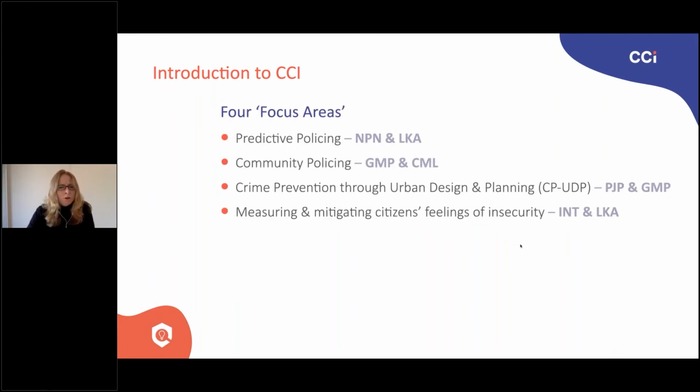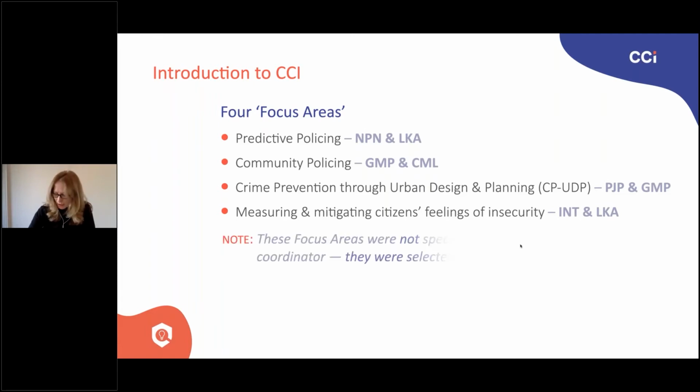We have 4 focus areas: predictive policing, community policing, crime prevention through urban design and planning, measuring and mitigating citizens' feelings of insecurity. And each of those focus areas are addressed by 2 law enforcement agencies.